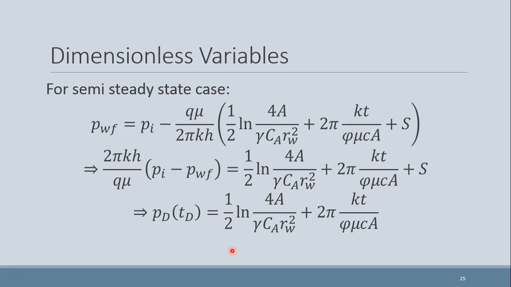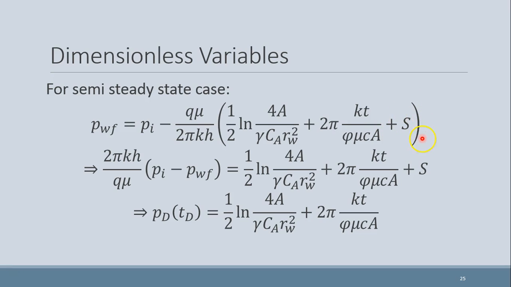For the semi-steady state case, Pwf = Pi - (q mu / 2 pi kh) [1/2 ln(4A / (gamma CA rw^2)) + 2 pi kt / (phi mu C A) + S]. A is the area of the reservoir, the areal extent of the reservoir.